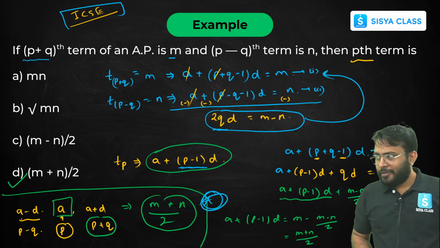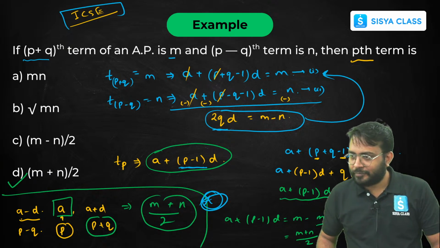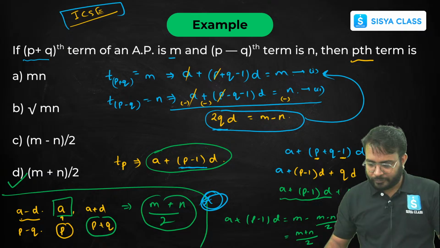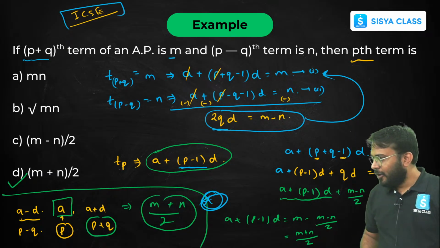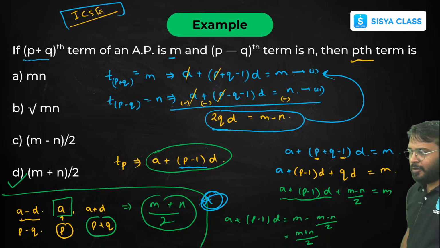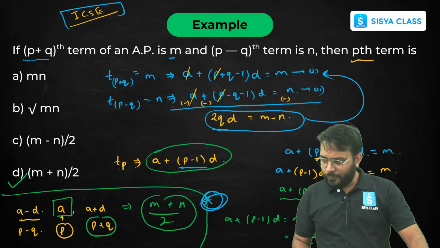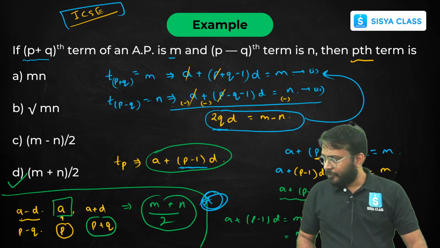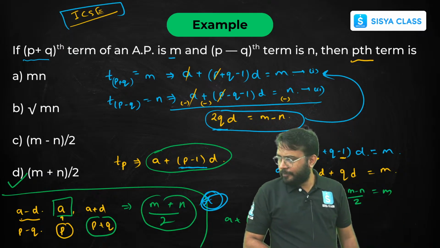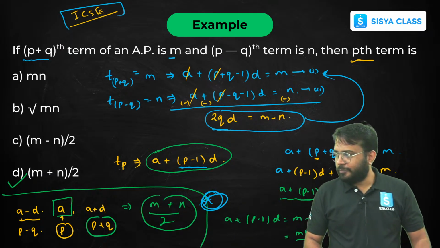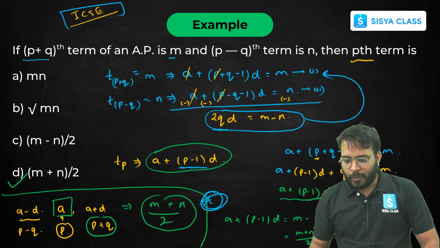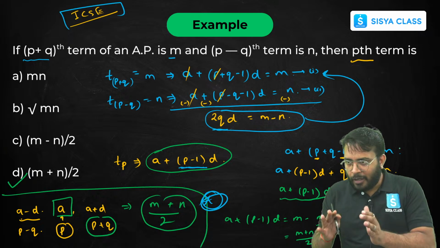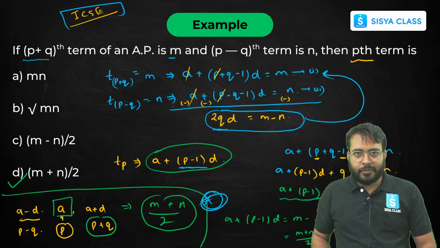Where is my image? Some of the portions are getting hidden by my image.